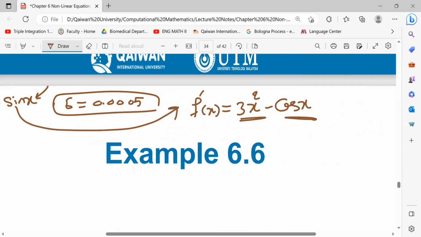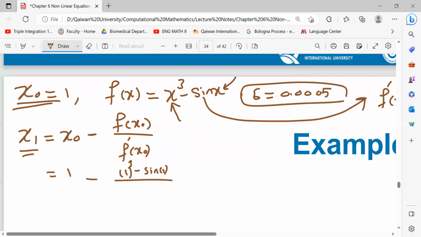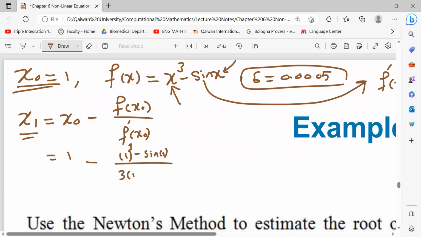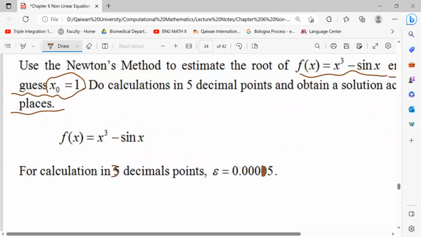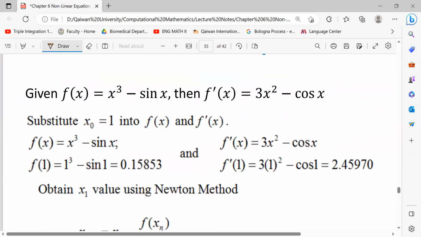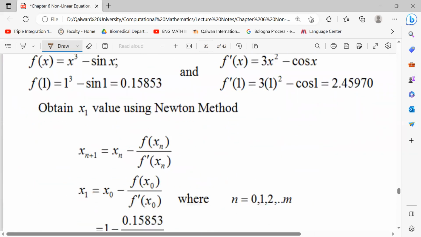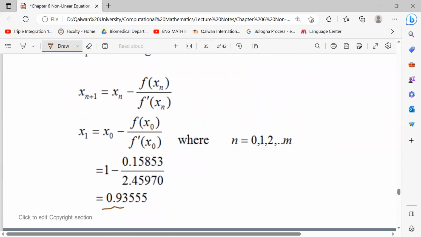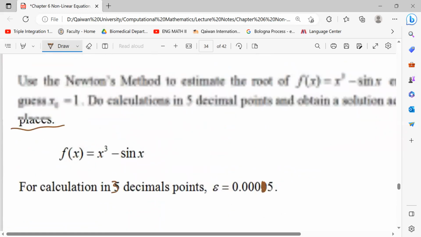We just replace x by 1. You get 3 times 1 squared minus cosine 1. Calculate this. Let's see what we get. That's 0.9355.